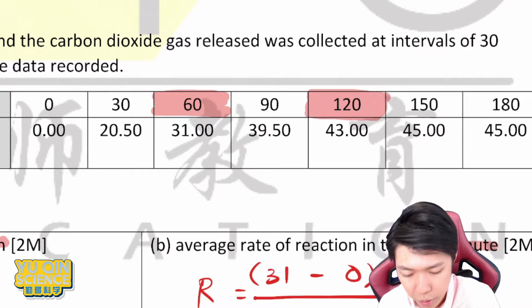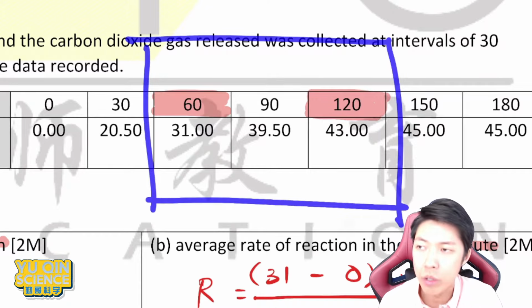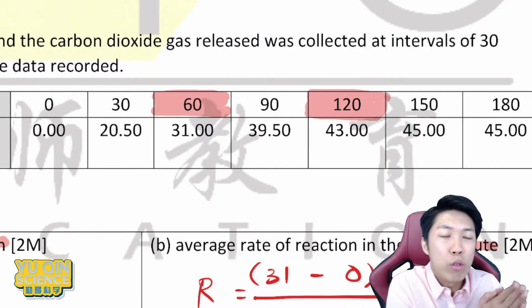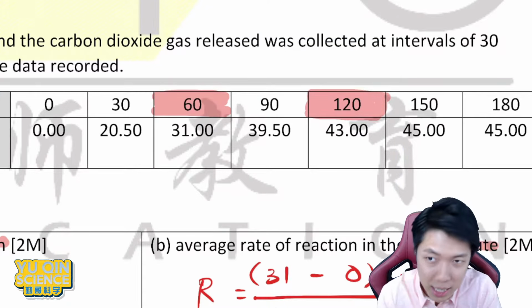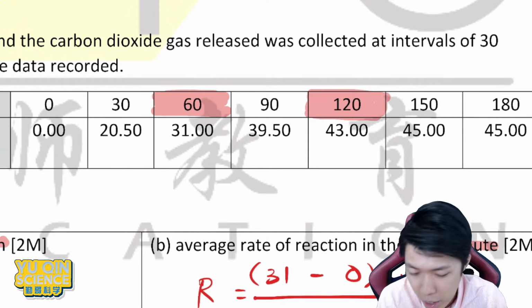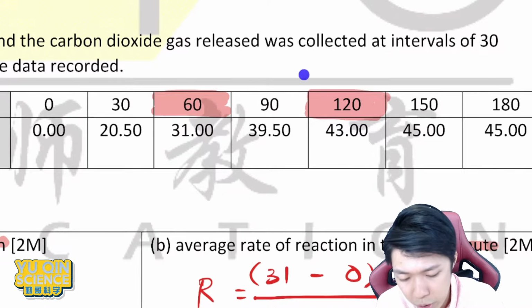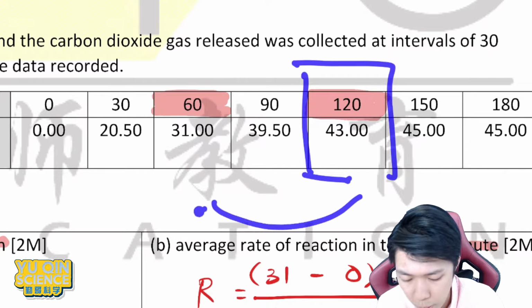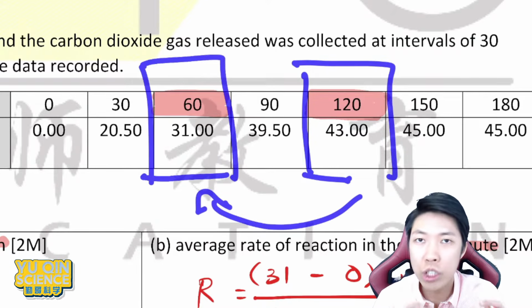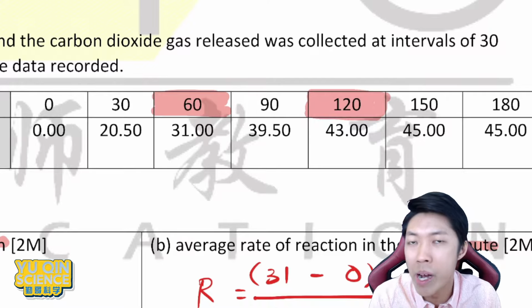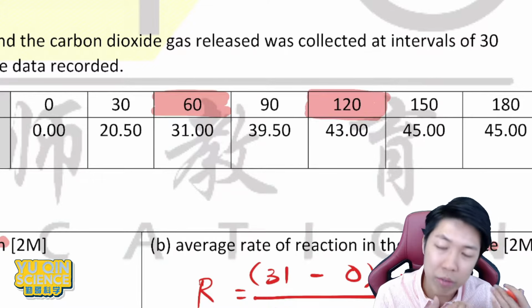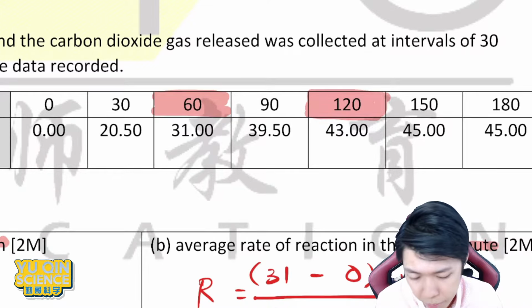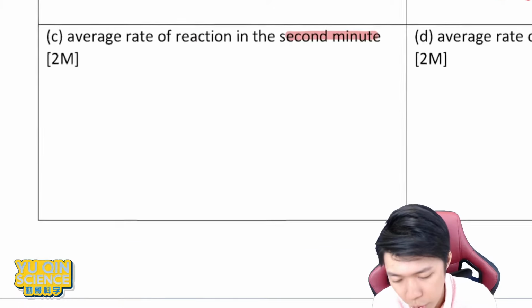So this is where I want to focus on, from the 60th to the 120th. 60 to 120, that means the second minute. Yeah, so I will use this minus this. Change in quantity divided by time.